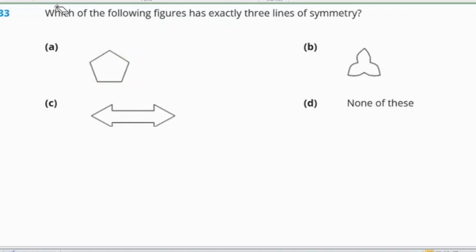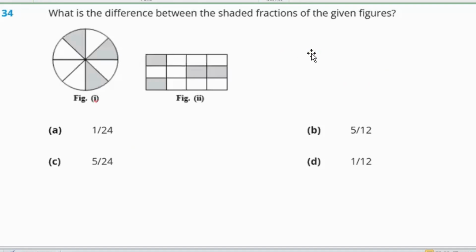The question is saying exactly 3 lines of symmetry. This figure is having 1 and 2. That's it. And yes, in this figure we have 1 line of symmetry, another line of symmetry, another line of symmetry. Yes, we do have 3 lines of symmetry in option B. So option B is our correct answer.